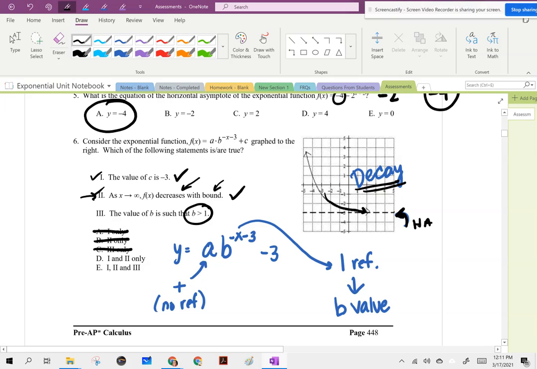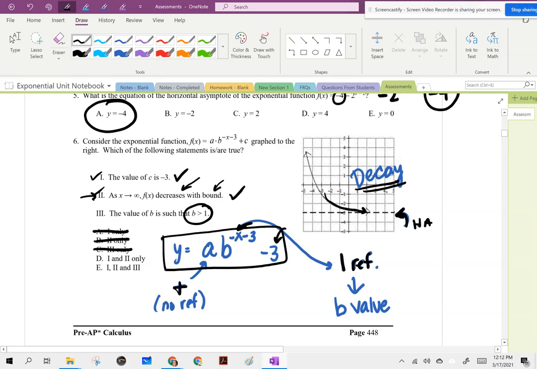We kind of look at this as working backwards, right? So notice that if we take a look at our function that they gave us, and you can see that I put in the -3 here. Now we're not going to solve the actual equation, but what we're doing is looking at the number of reflections. We can assume that A is positive because the graph is above the horizontal asymptote. So that would indicate that this -x is one reflection.